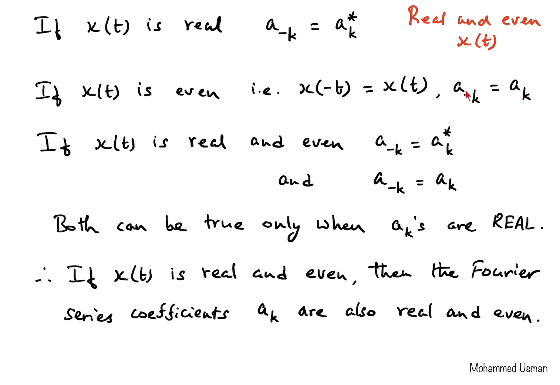Since a minus k is ak star and a minus k is ak, it implies that ak star is equal to ak, and that is possible only when the aks are real valued. Okay, so for a signal x of t which is real and even, the Fourier series coefficients are also real and even.